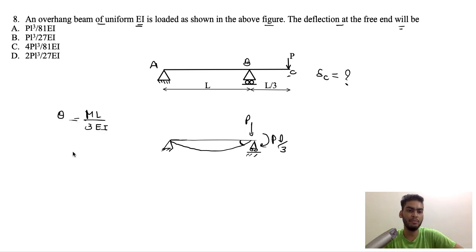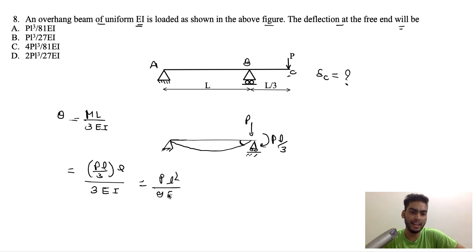Theta is given as ML upon 3EI. So the rotation here we obtain as PL by 3 times L upon 3EI, or that is PL square upon 9EI.